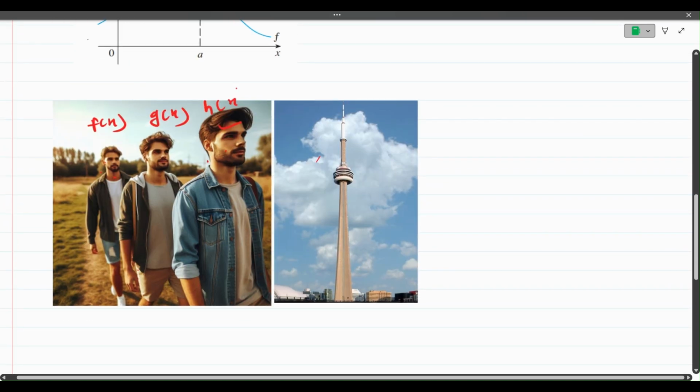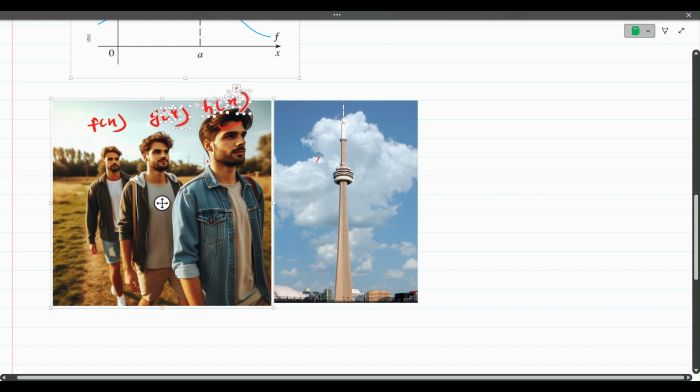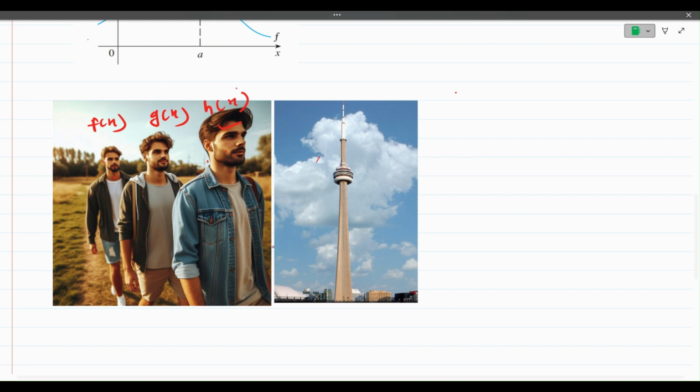For example, there are three friends, h of x, g of x, and f of x, and they are moving in a queue, walking somewhere. And after some time, we call h of x and ask about his location.